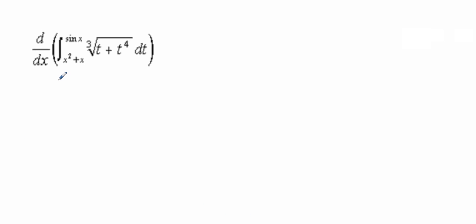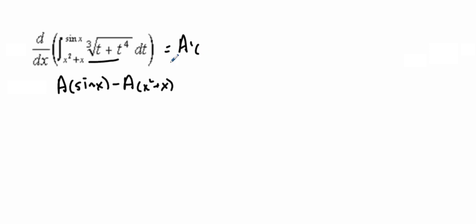Doing this one, if we just did the inside, we're going to have A, the antiderivative of the inside, of sine of x minus the lower limit, which is x squared plus x, like that. We're going to find the derivative. So we're going to have A prime of sine of x.